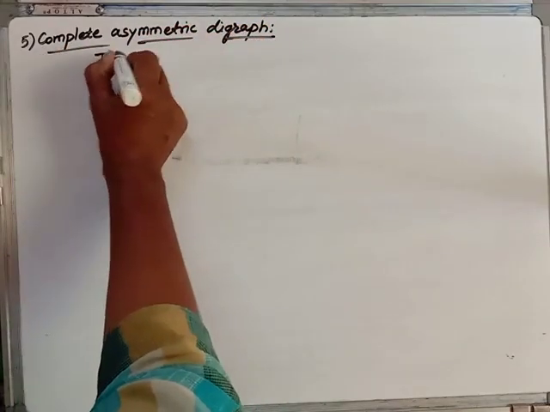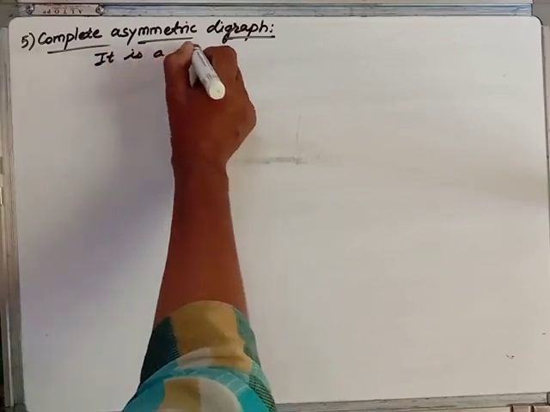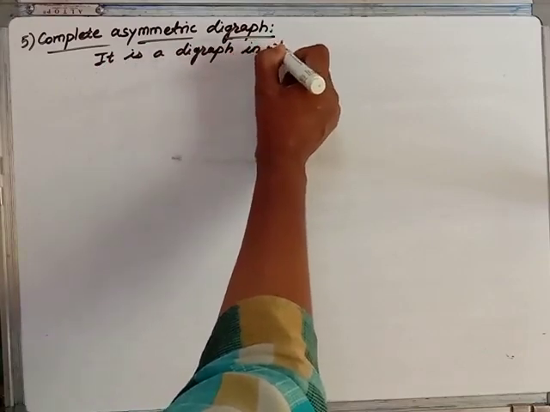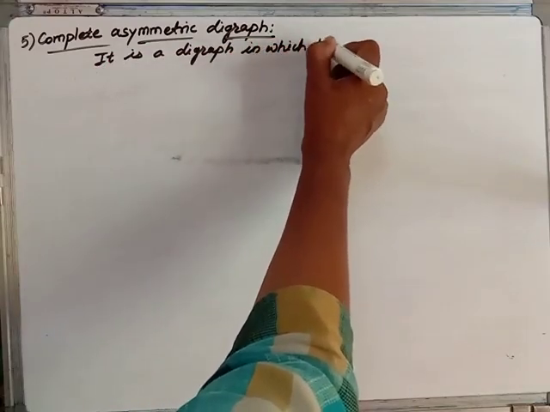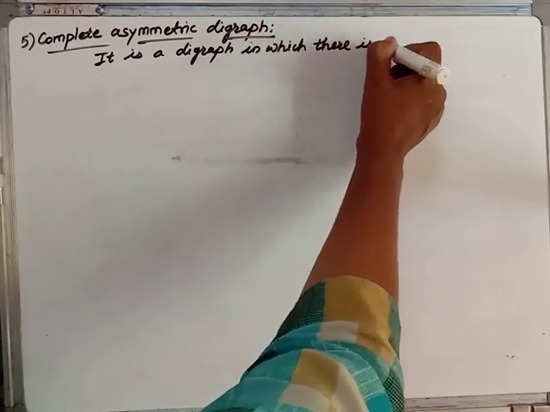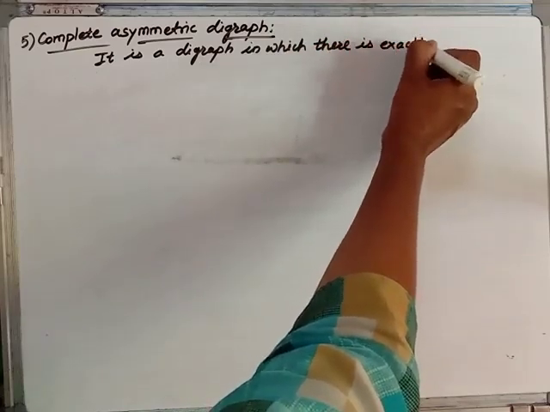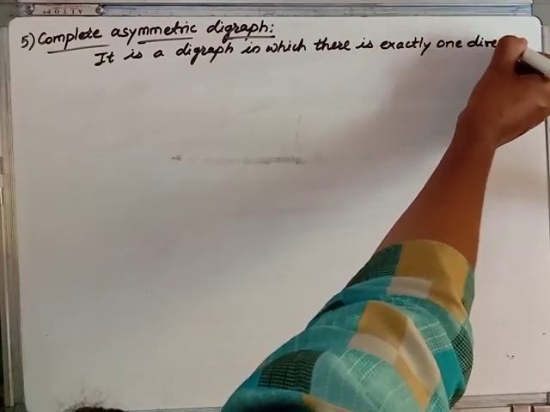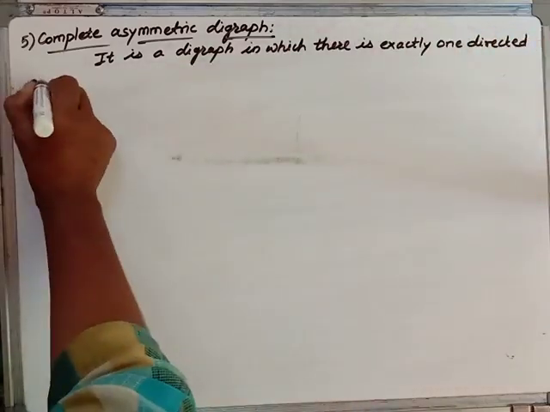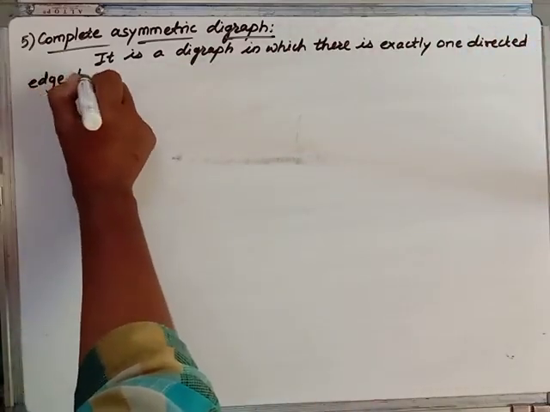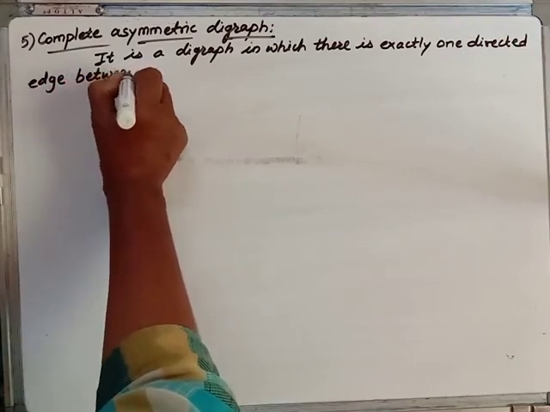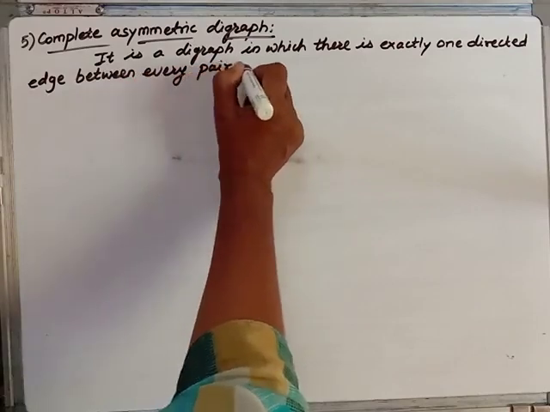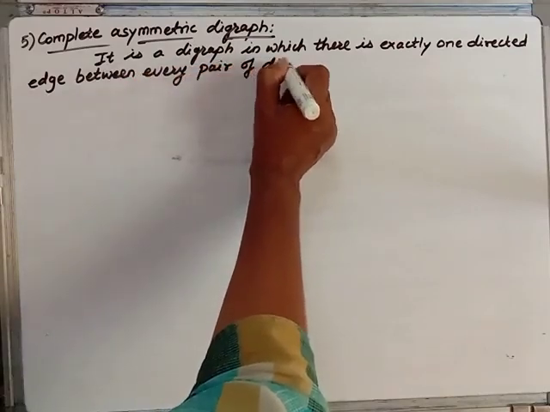It is a digraph in which there is exactly one directed edge between every pair of distinct vertices.